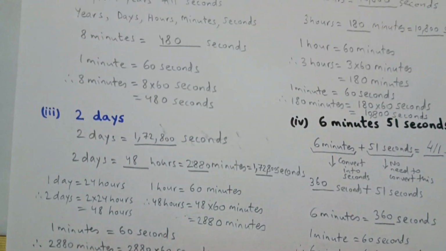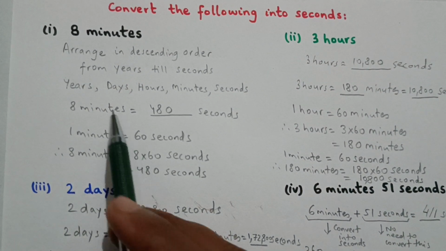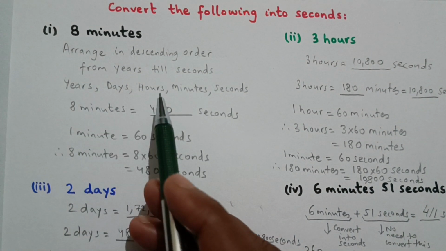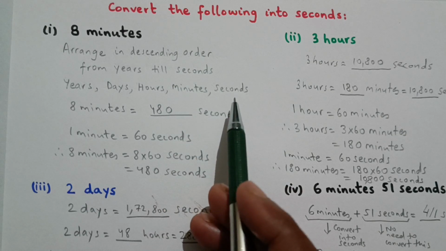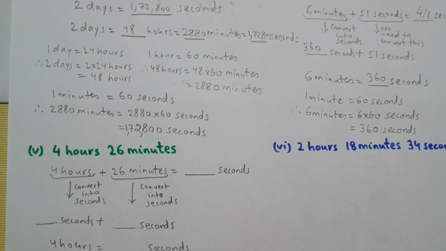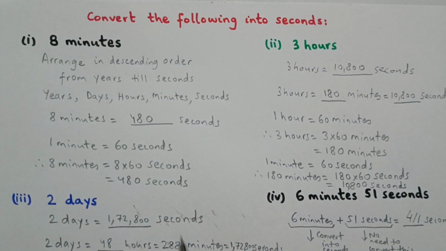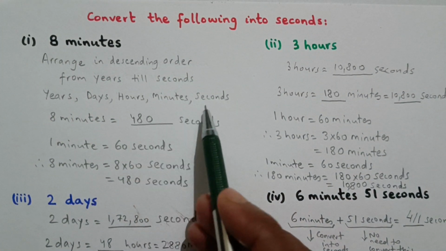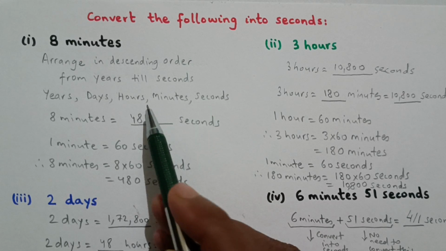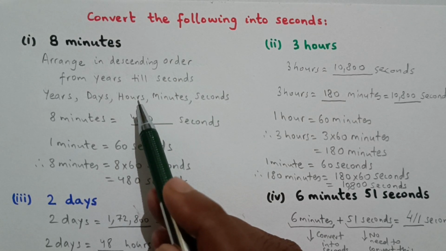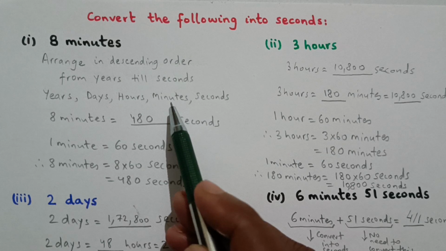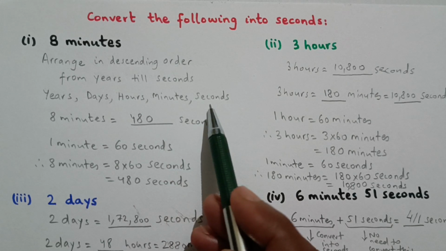Let us look at the descending order: years, then days, then hours, then minutes, and then seconds. We have to convert from hours to seconds. So first we have to convert hours to minutes, and then those minutes we have to convert into seconds.